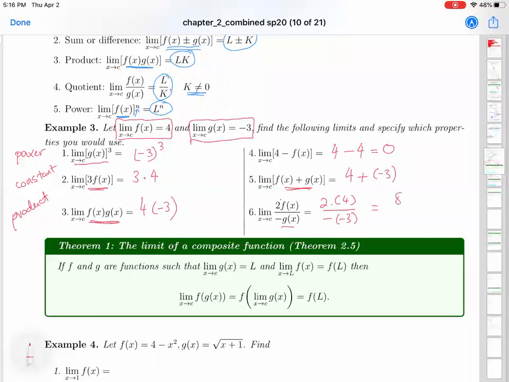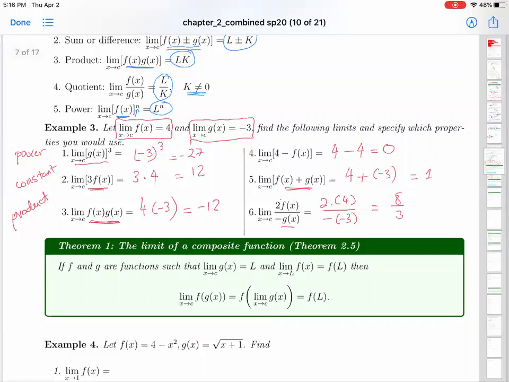If you do this, you will have -12 and -27. This is how you use the above properties to find these limits in the third example.